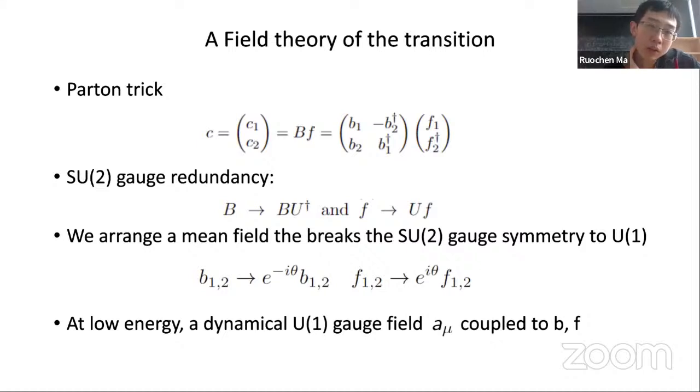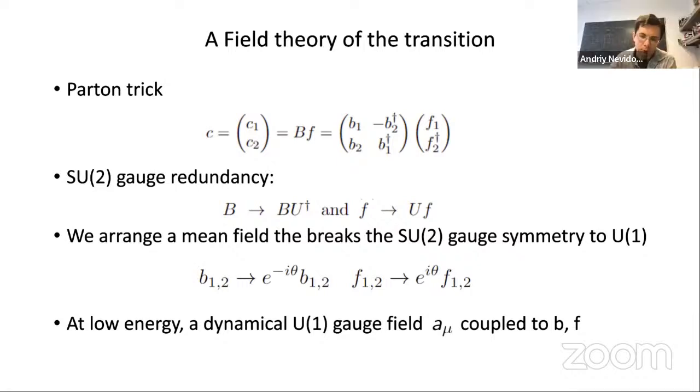And now you want to analyze the dynamics of this critical theory. You know that in the IR, the dynamics of the theory is strongly coupled, and you need to consider some generalization. At this step, I forgot about the parton construction completely and just treat the critical field theory and look at its dynamics.